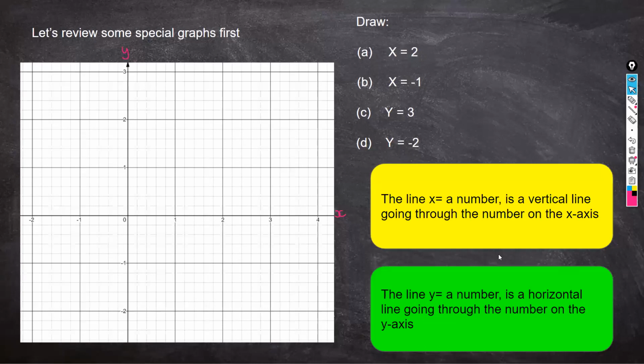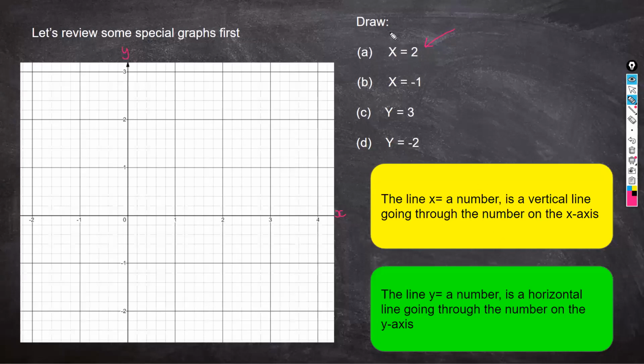In the exam, if they ask you to draw this graph, look at part A. The first graph is x is equal to 2. Now, here's the thing. Usually in class or when you're in school and they ask you to draw a graph, you normally have to do a bunch of calculations.